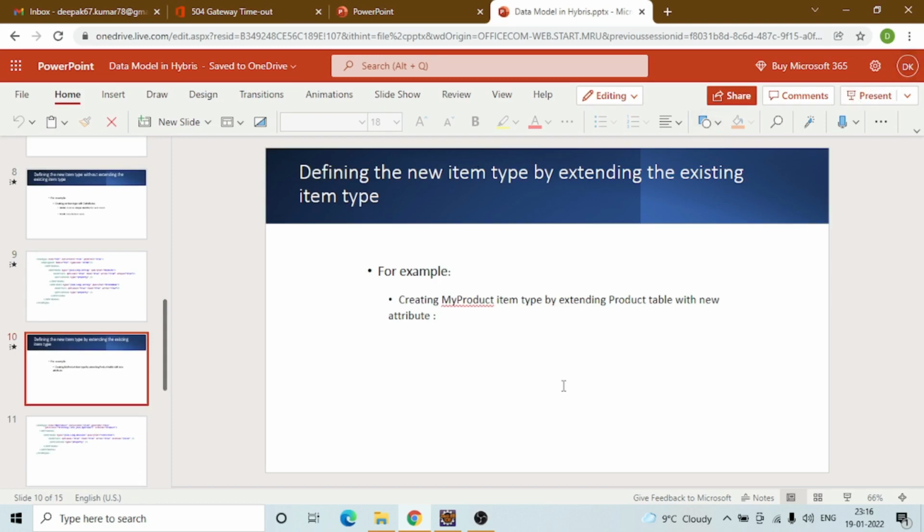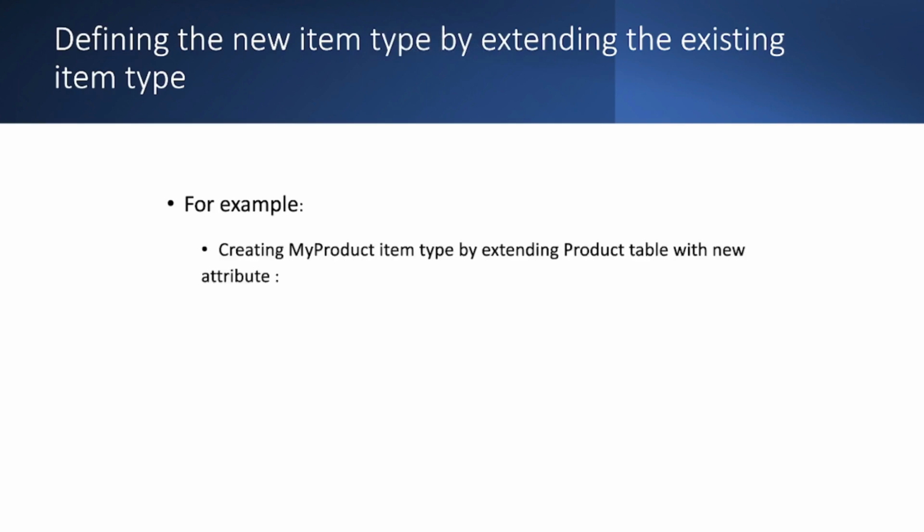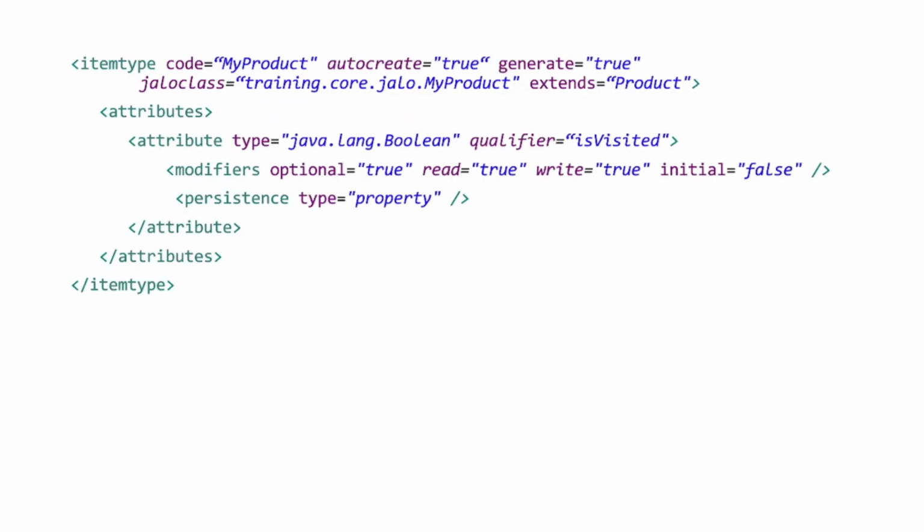Now coming to the second one, defining the new item type by extending the existing item type. For example, creating a MyProduct item type by extending the product table with a new attribute.